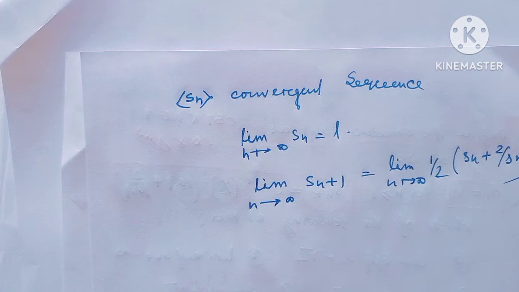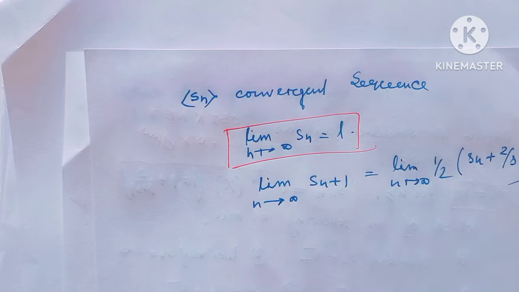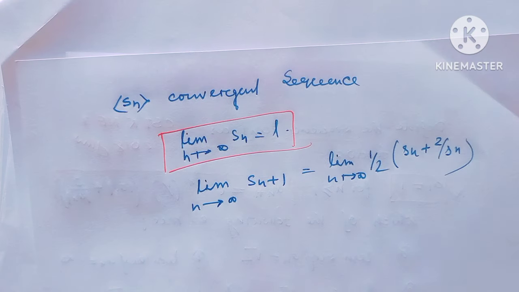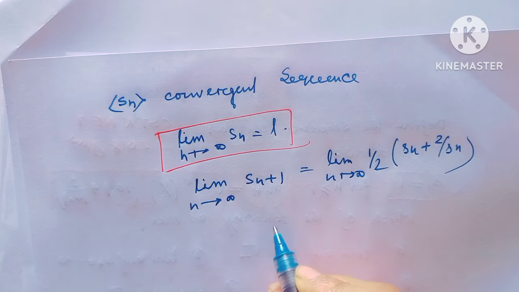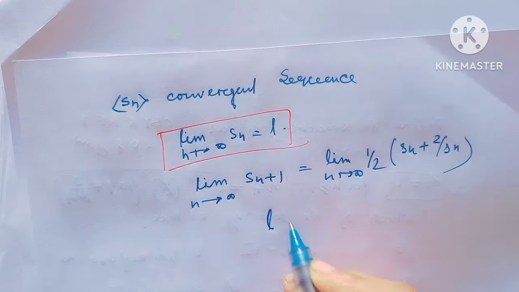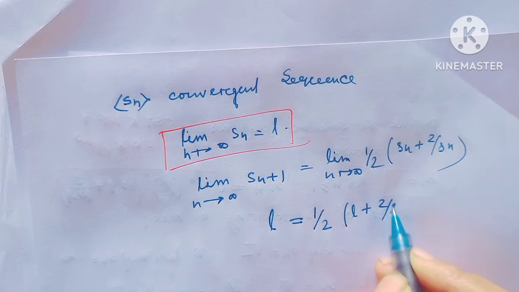Since Sn converges to L, Sn plus 1 also converges to L. That means this value would be L equals half of L plus 2 over L.